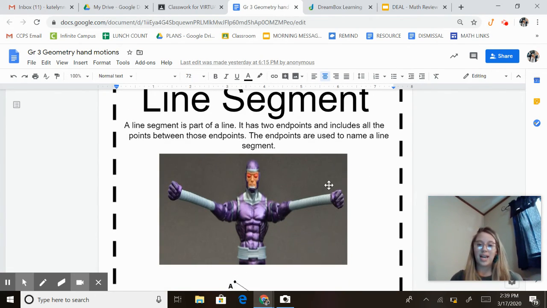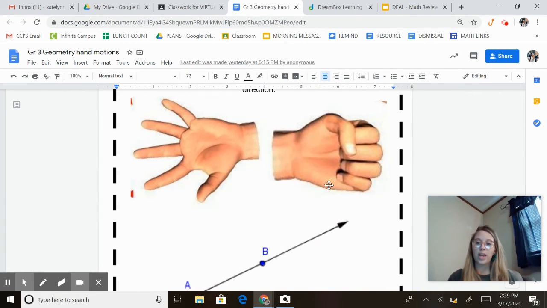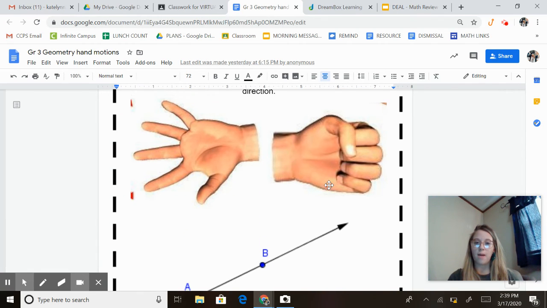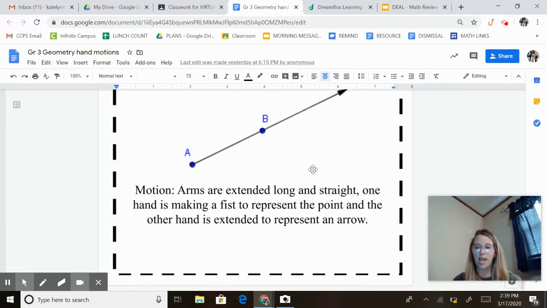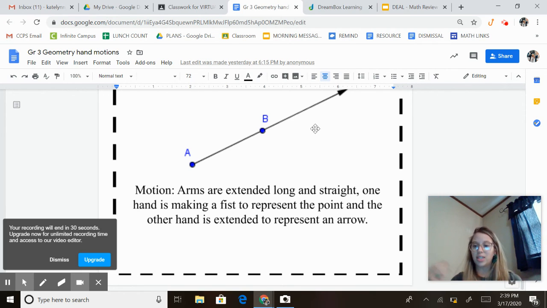You can also do a line segment using your fists and outstretching your arms that way. And you can learn rays by doing your hand like this, how they're doing there, to show a ray. So it's a fun way that we were going to do whole group that you can do with your family at home on how to memorize and really learn conceptually these items.